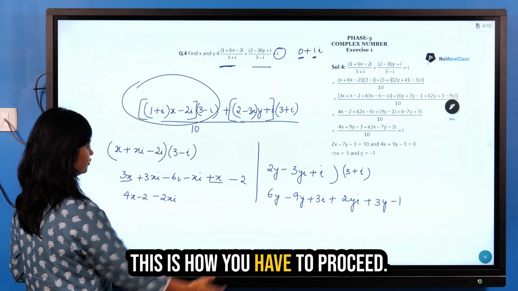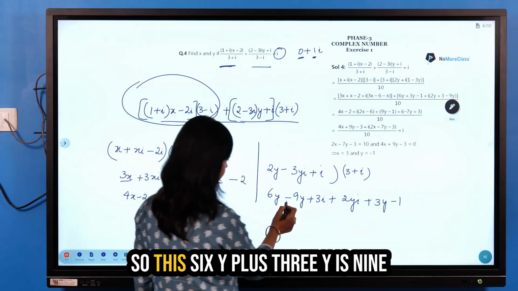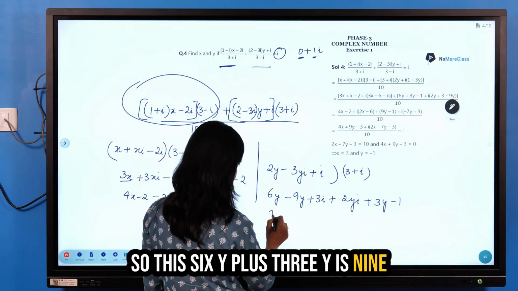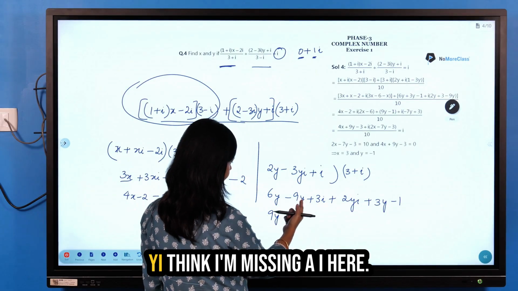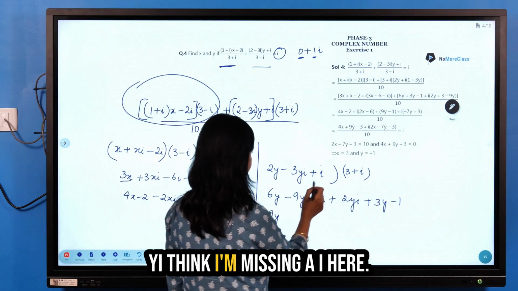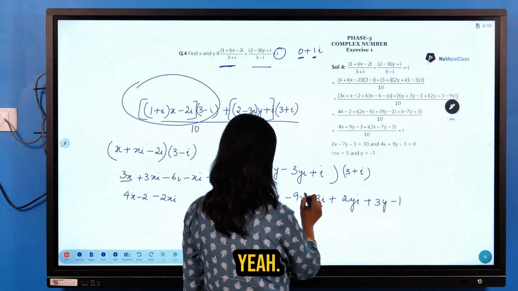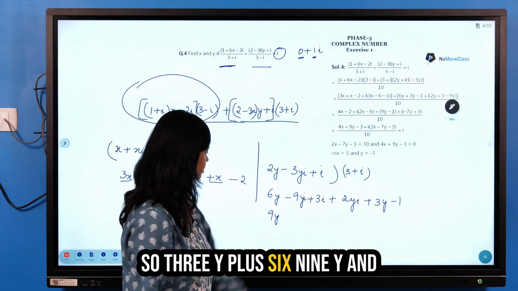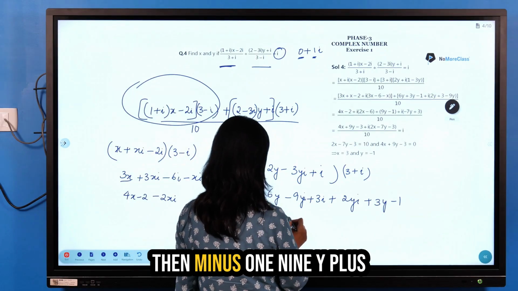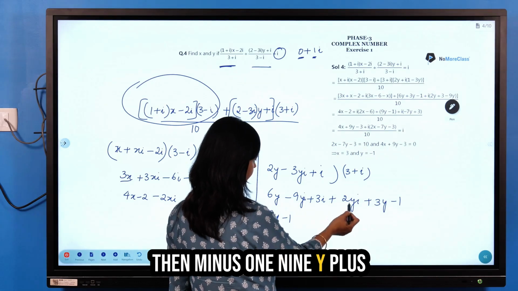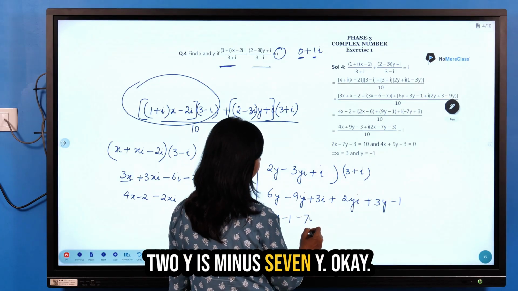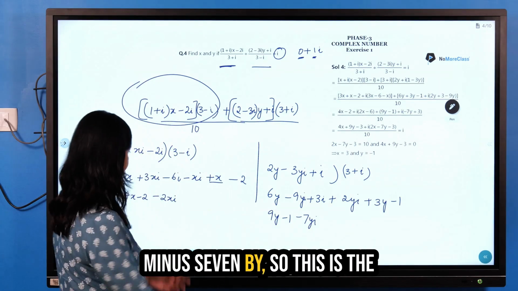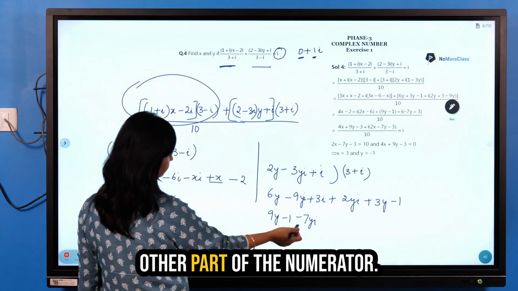Okay, this is how you have to proceed. So this 6y plus 3y is 9y. I think I am missing an i here. So 3y plus 6, 9y and then minus 1. 9y plus 2y is minus 7y. Okay, minus 7y. So this is the other part of the numerator.